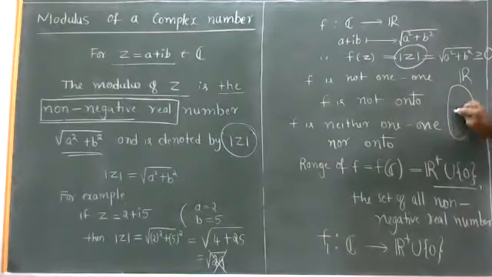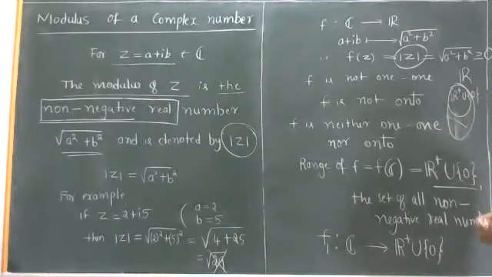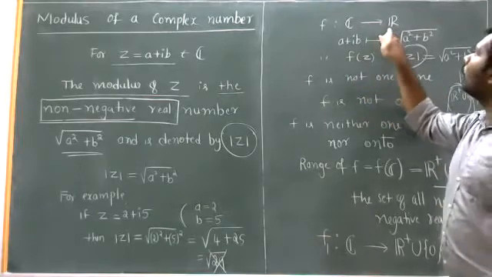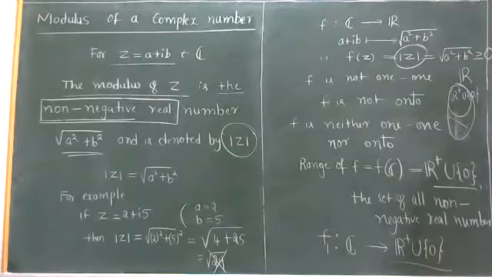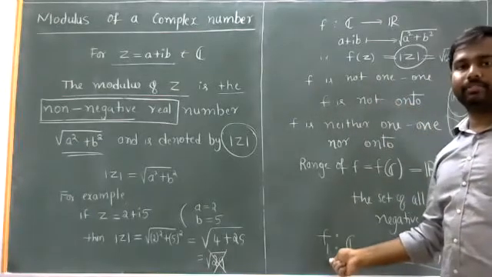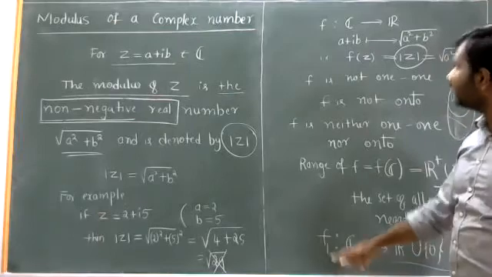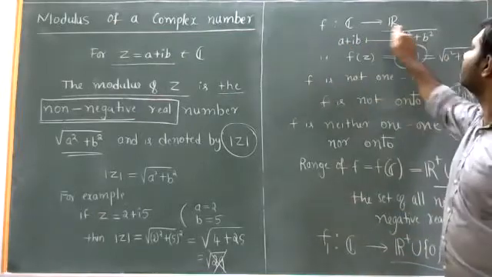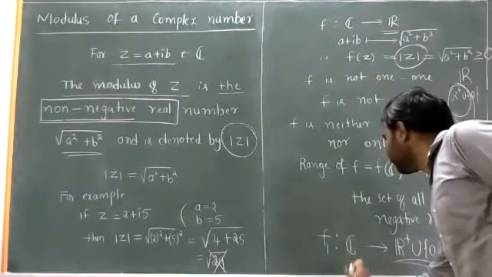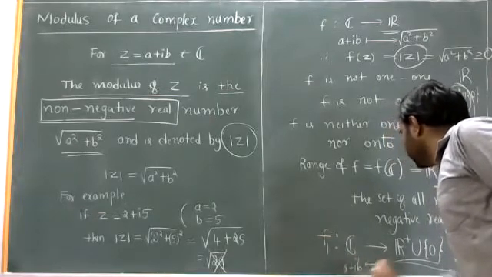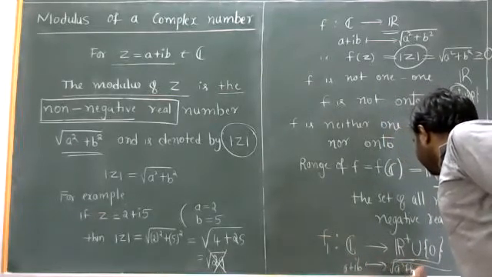That means I am neglecting the negative real numbers and taking positive real numbers along with 0. Then it will be a different function, and I have to name it f1, because f1 is not the same as f: its codomain is R plus union singleton set {0}, whereas the other codomain is R. But the definition is the same: a plus ib goes to the square root of a square plus b square.